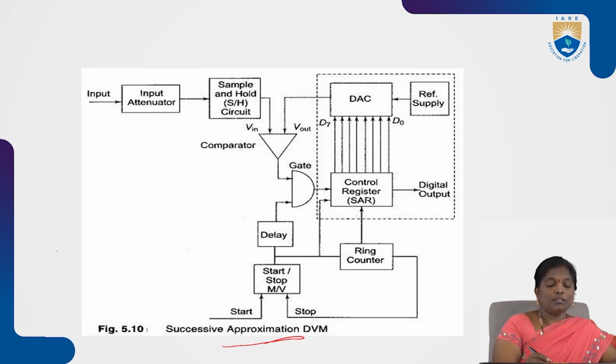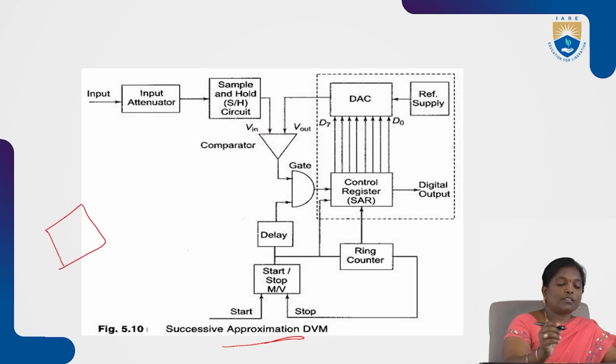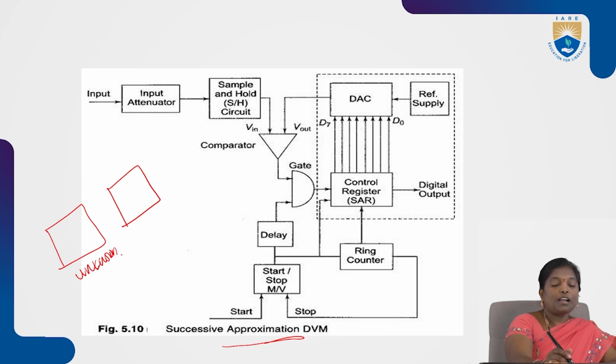For example, to discuss this approximation, consider a block. This is the unknown block, and we don't know its weight. And consider one more block, the known block, having a weight of 1 kg.